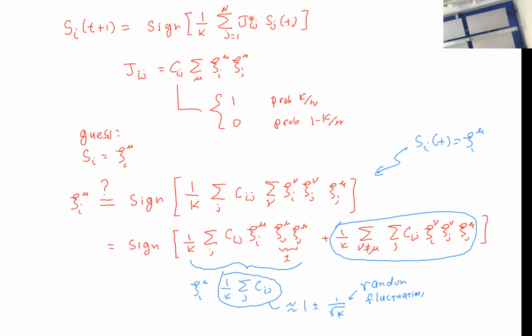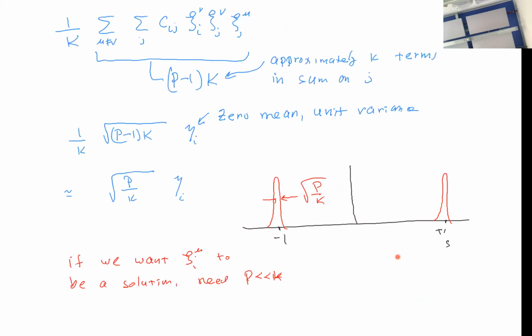So we take this model for J and we plug it in here and break up the sum, and nu equals mu just gets us our squiggle I mu back. And then all the other terms are random and give us some effective noise. So for each different I, we get a different value here. That's maybe worth writing down.